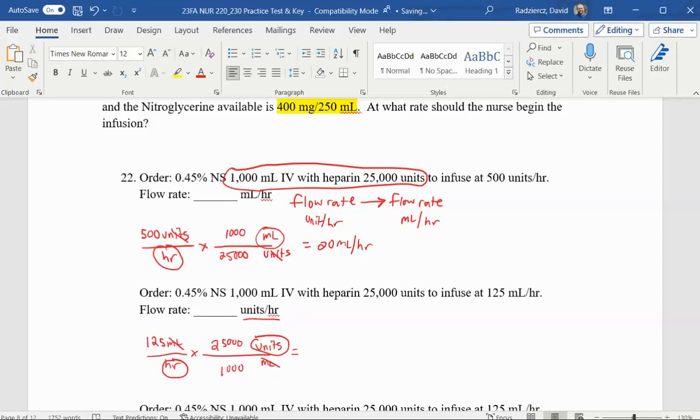So I'm going to take my calculator, 125 times 25,000. I'm going to get 3,125,000. I'm going to divide by 1,000, and I'm going to get 3,125 units per hour.